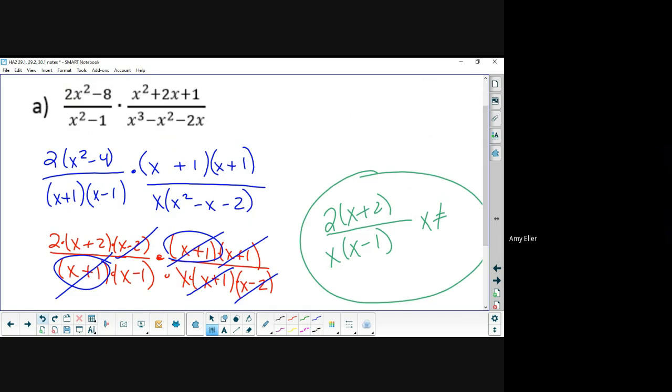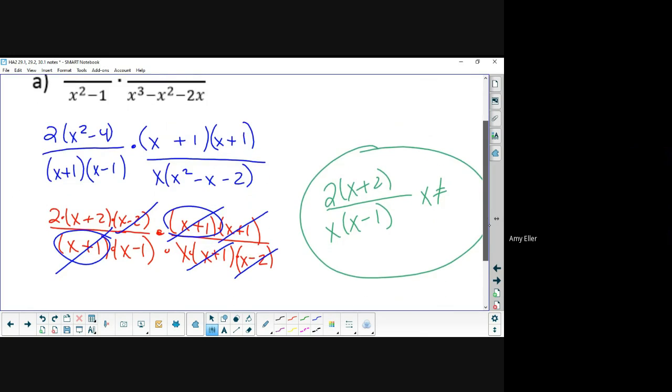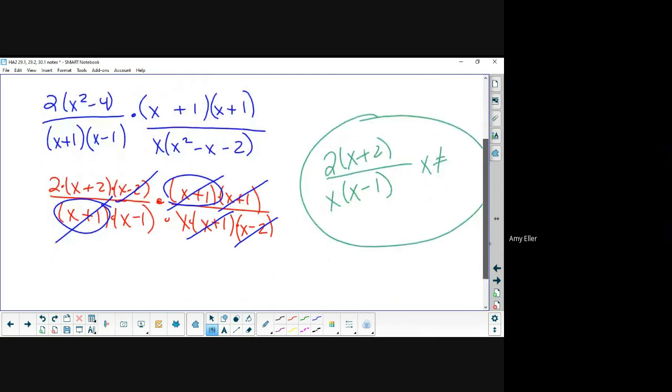Your denominators, even if they're crossed out. There are 4 of them.